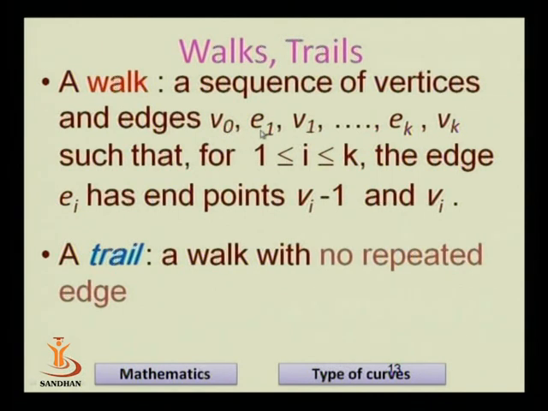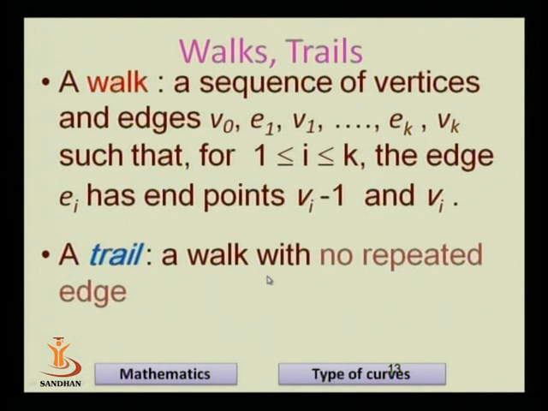Vertices, then edges, then the next vertices, edges, with the start and end being vertices, such that each edge Ei is incident to the preceding vertex Vi minus 1 and the following vertex Vi.